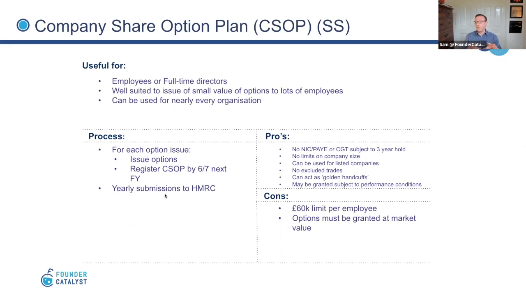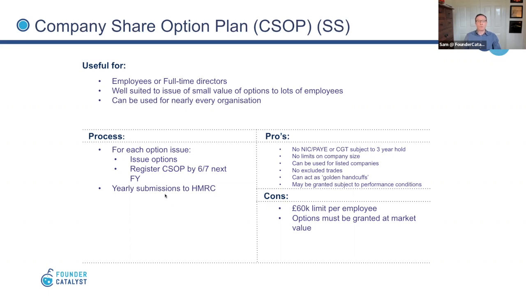There are some limits worth knowing about, which means that a CSOP isn't always applicable depending on the business. There's a £60,000 limit per employee, for example, which for a normal employee would be great, I'm sure. But if you're trying to incentivize a senior manager or sales director or somebody at board level, that is unlikely to cut the mustard.